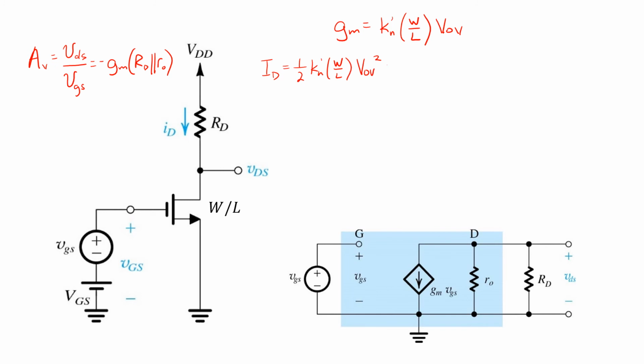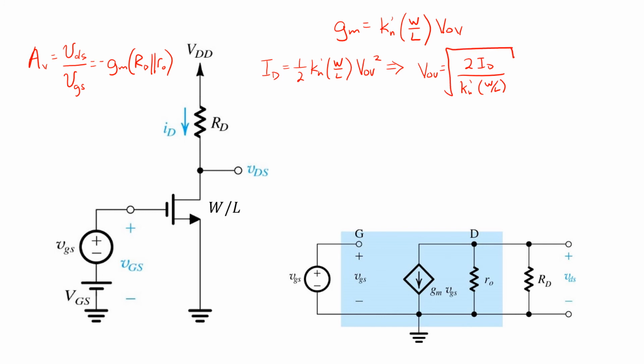Now we can manipulate this expression a little bit and find that VOV is 2 times ID over Kn prime W over L, all square rooted.